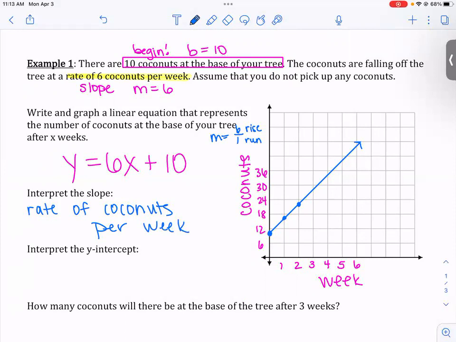How about our y-intercept? Our y-intercept is 10. What does that stand for? The starting amount of coconuts.